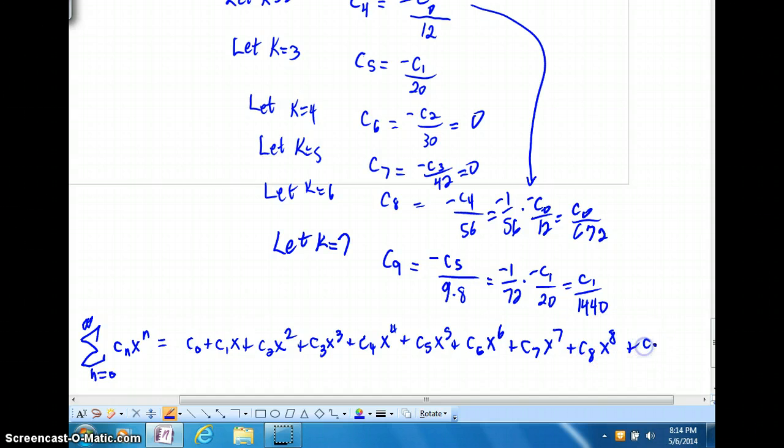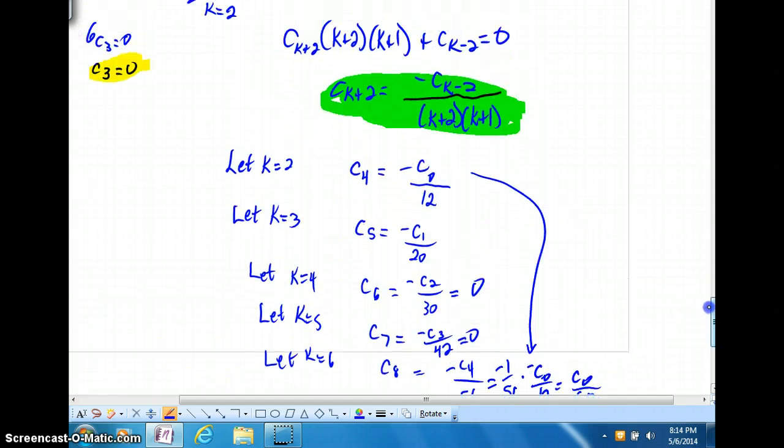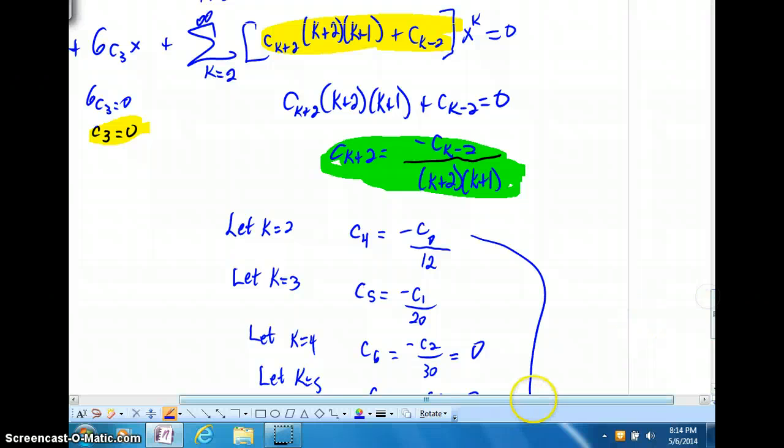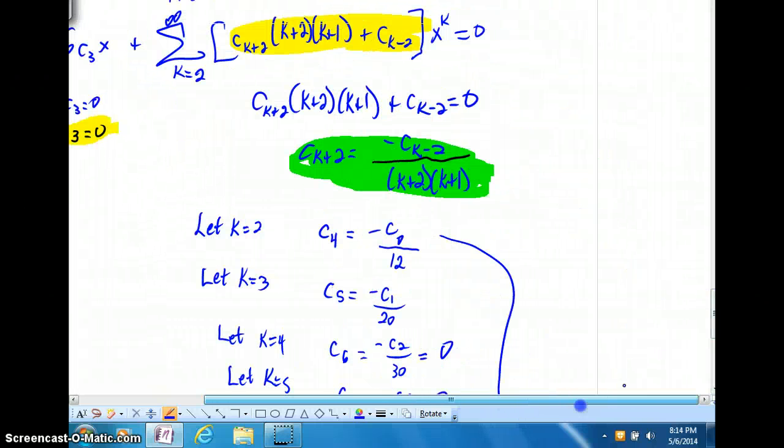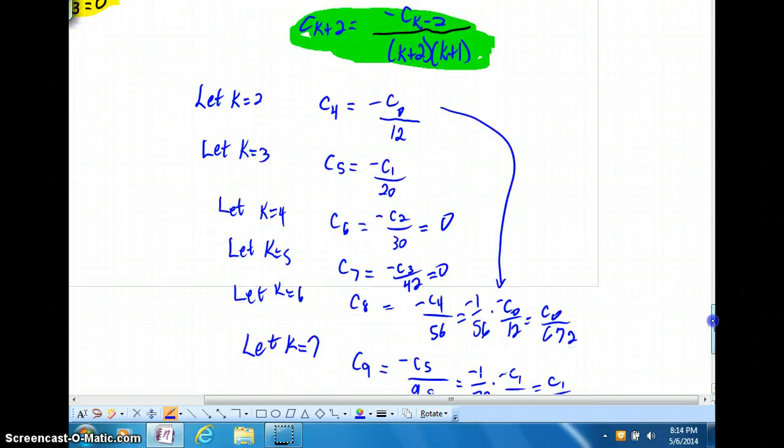And the fact is, just by looking at what we've written down on this column, I think it becomes very evident that some of these terms are going to involve c sub 0, some of them are going to involve c sub 1. We can say, what about c sub 2? Well, c sub 2 was 0, wasn't it? So was c sub 3.